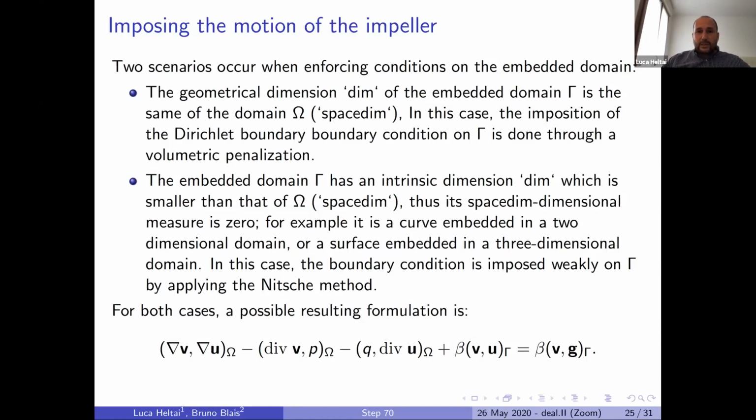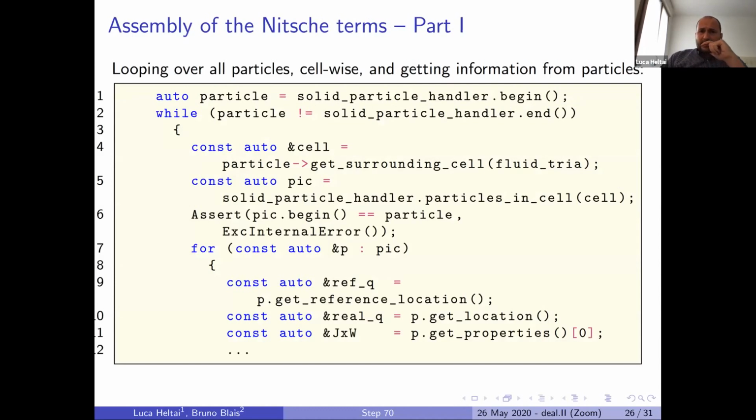And so what we do is the following. The assembly of the Nitsche term, which is the only difficult part of the tutorial, step 70, is done by looping over all particles cell-wise. And in order to do that, we basically exploit the fact that internally the particles are stored in an unordered map of cells versus particles, which means that you can very easily and very cheaply gather all particles that lie within the same cell.